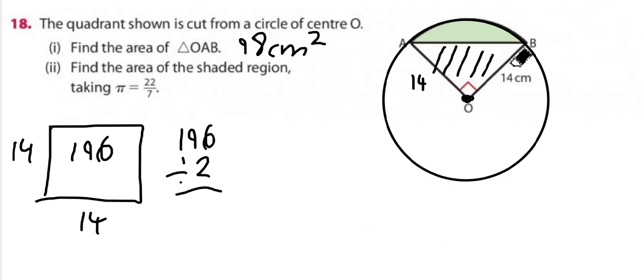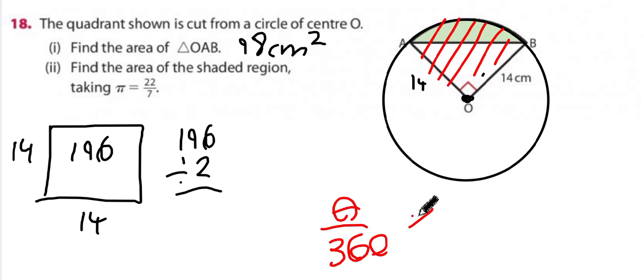Now, we're next going to go for the pizza slice, which is the full thing. Everybody see it? Or the area of a sector. We all okay with that? Yeah. So the area of the sector is as follows. Theta over 360 multiplied by pi r squared.